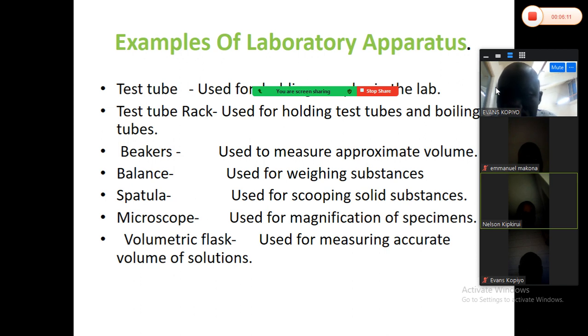And then lastly, the measuring cylinder, used for measuring accurate volume of solutions. Okay, thank you. So those are some of the common laboratory apparatus that we have. And as we continue with our learning, we will get more examples of the apparatus and equipment used in the lab.